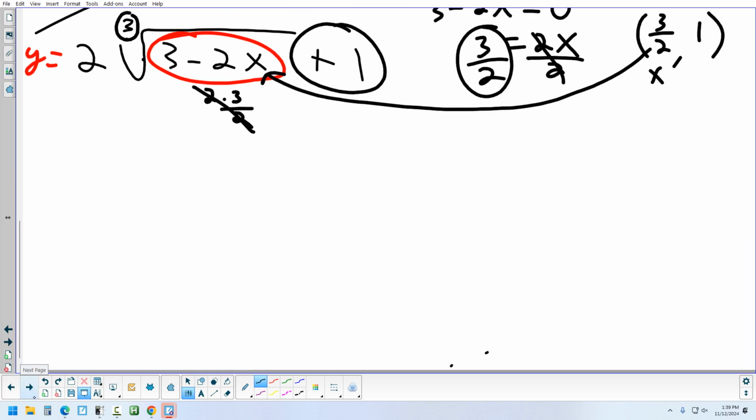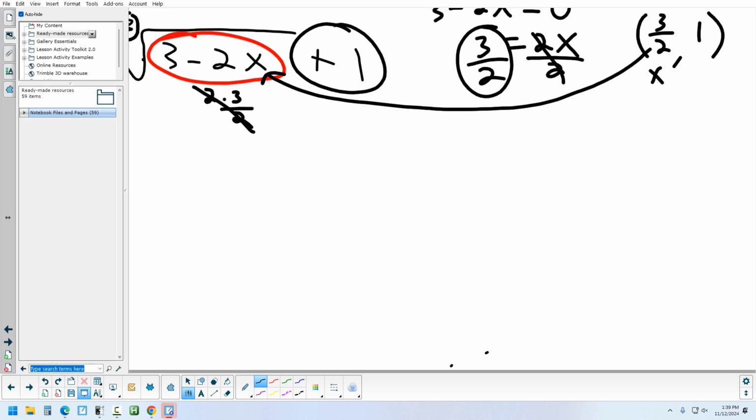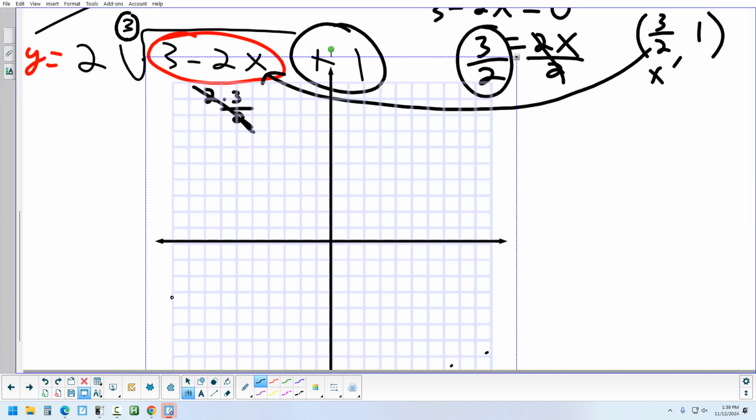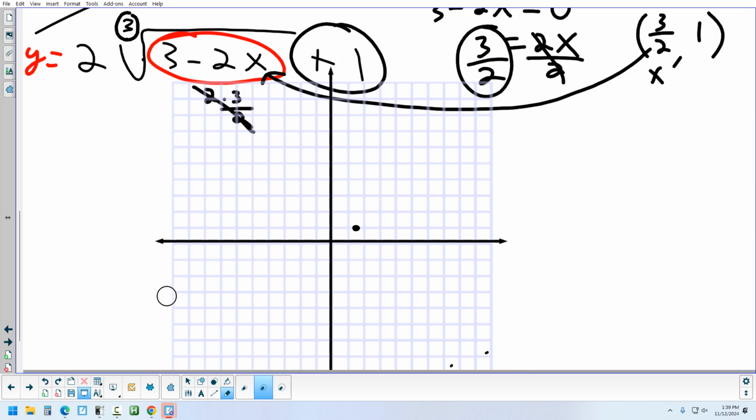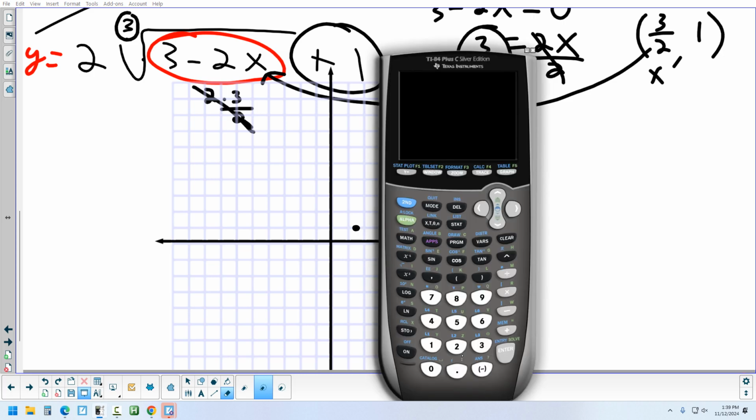Okay, 1.5 comma 1. So let me get graph paper and graph that point. Now, because it's an odd root, should we check points on one side or both? Both. Yeah.